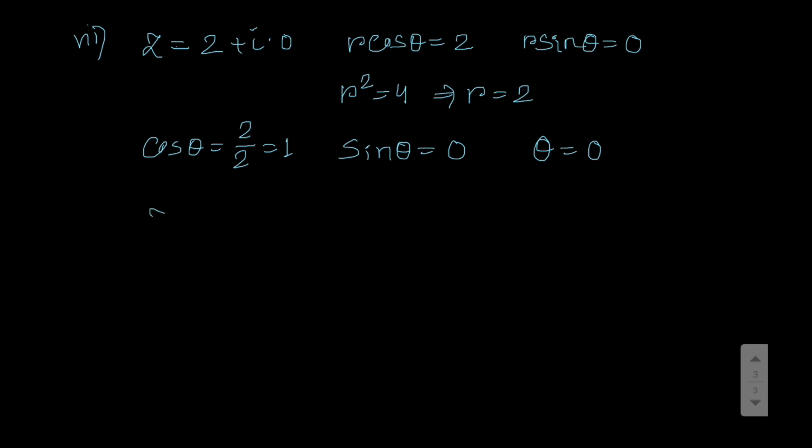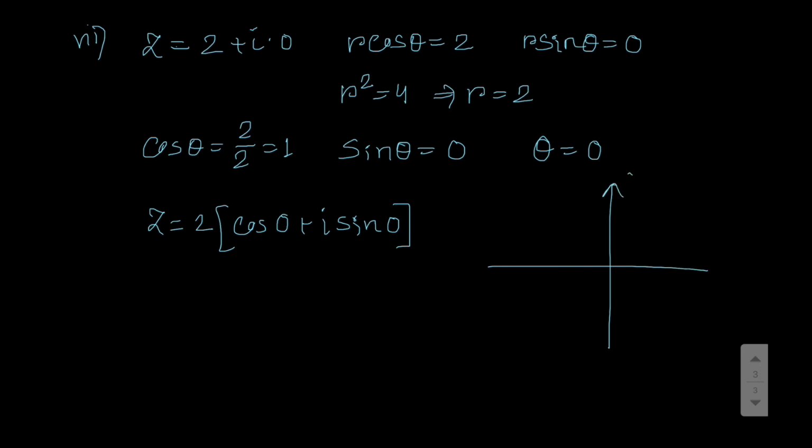So here the polar form is z equal to 2 cos 0 plus i sin 0. And here the Argand plane, that is y dash, x dash, x, that equal to 0.